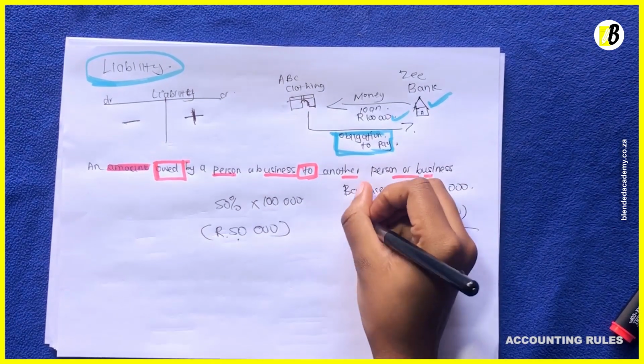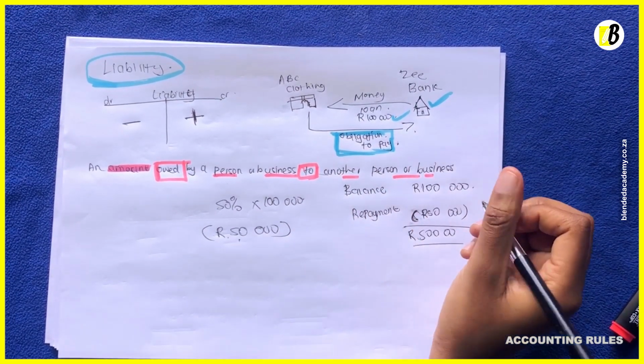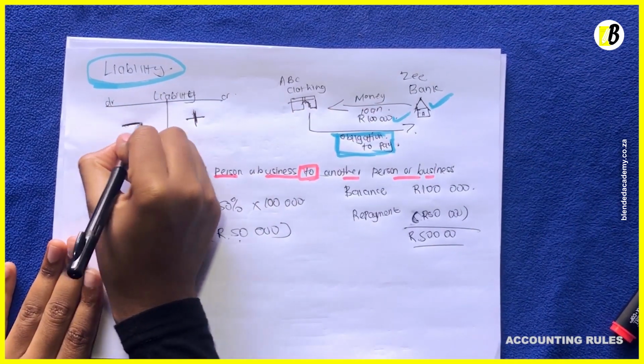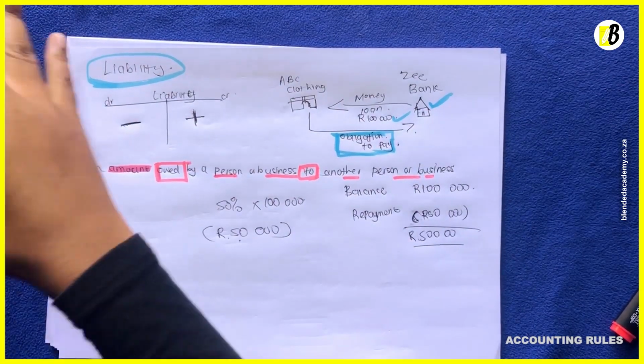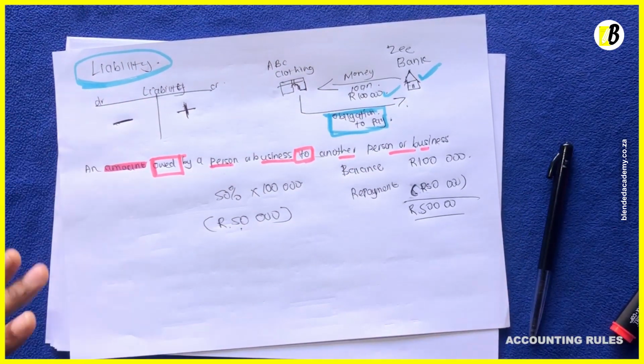This repayment of the loan is decreasing my actual loan. Therefore, we're going to debit it, because it's decreasing our liability. I hope you understand that.